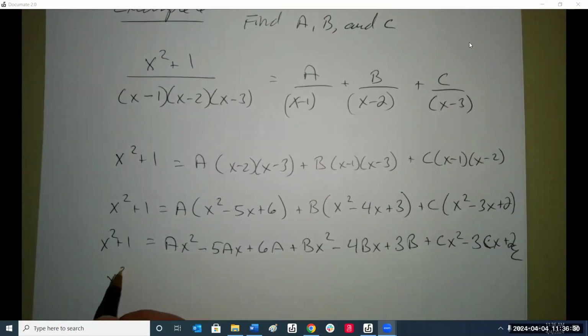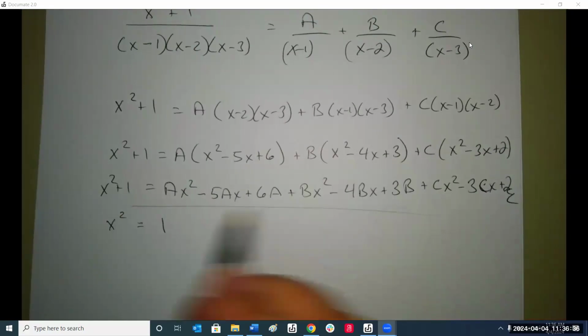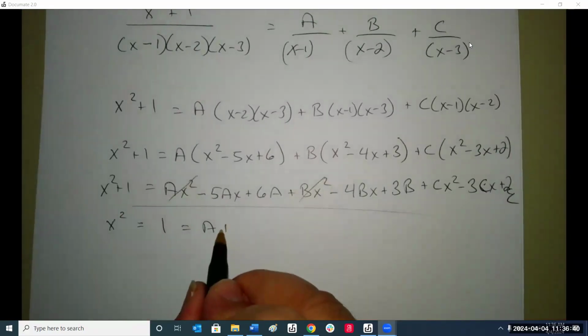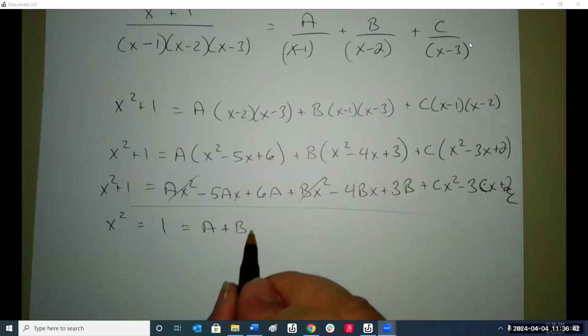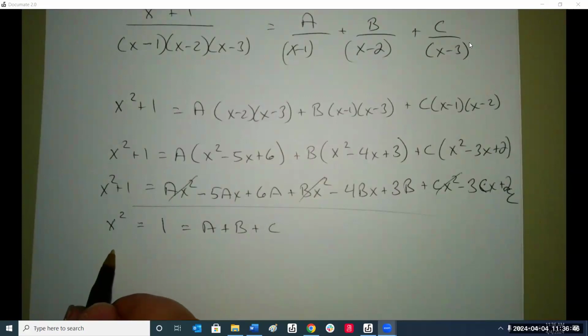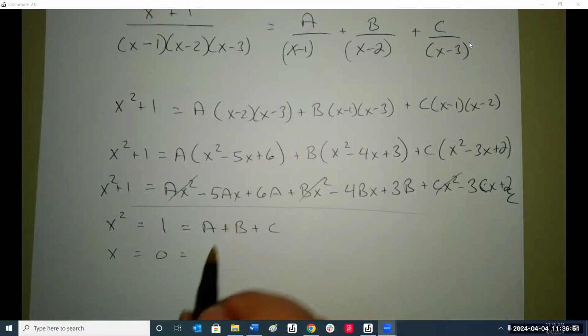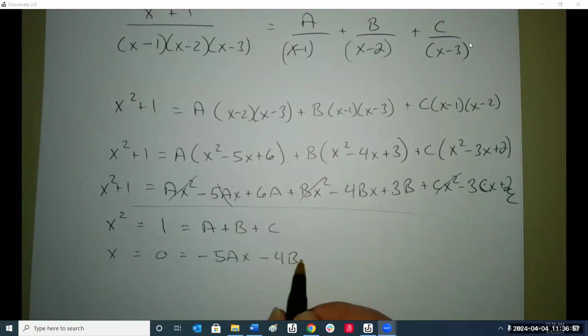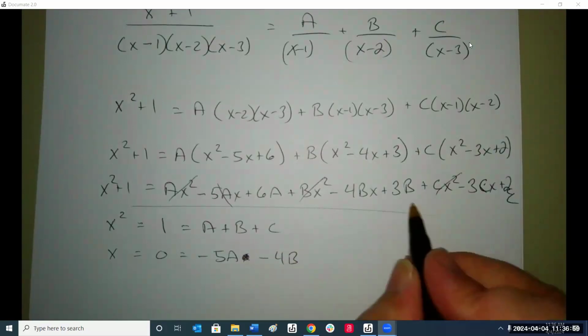So for x squareds, the coefficient is 1. So that equals a plus b plus c. For x, the coefficient is 0. We have negative 5a, negative 4b, negative 3c. Those are x's.